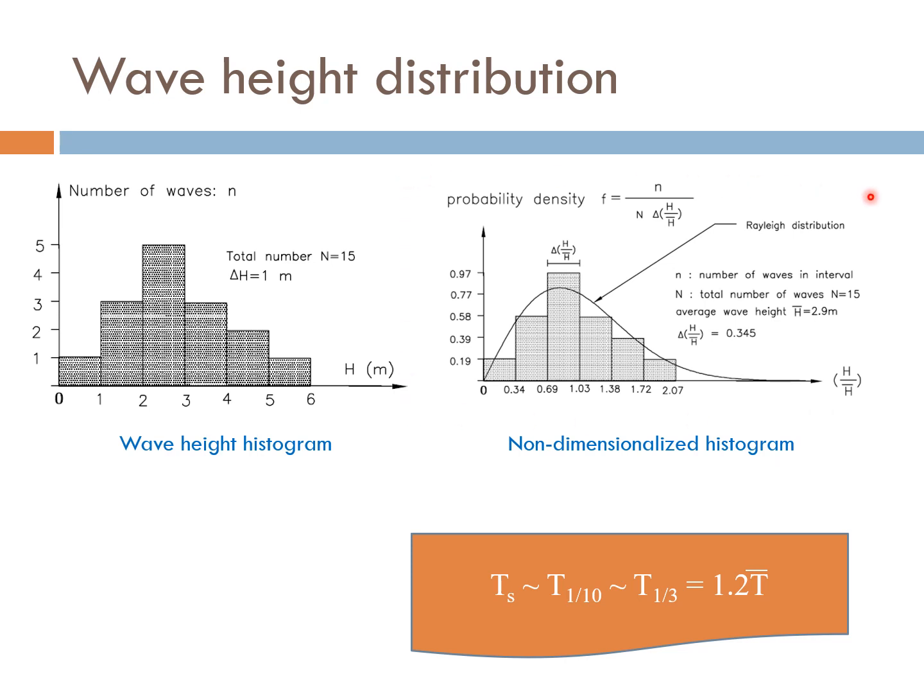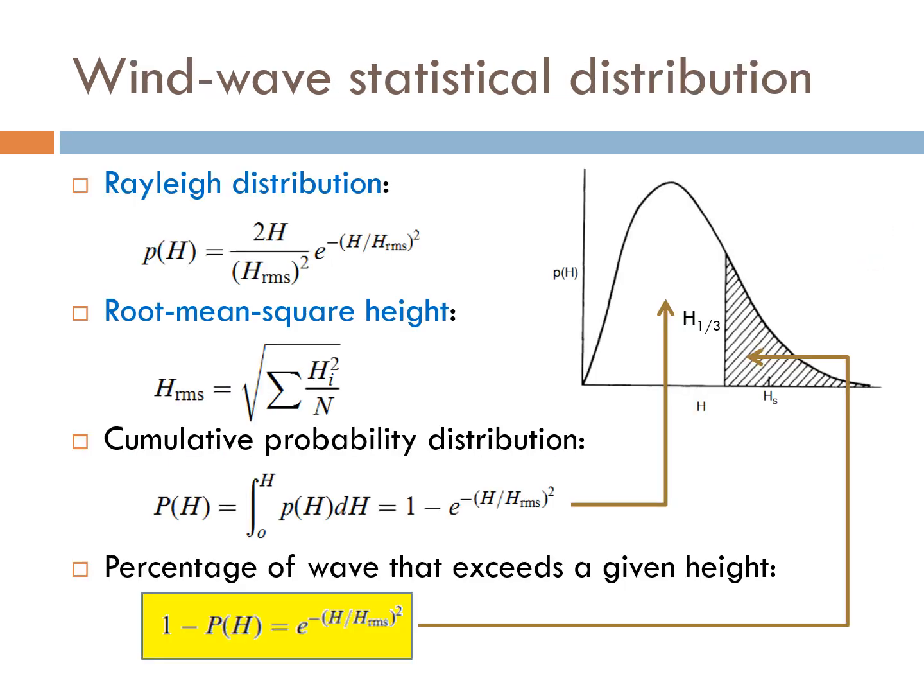We are going to look at the characteristic of this probability distribution of wave height, which is commonly fitted using a Rayleigh distribution. If we plot the wind wave statistic in terms of the probability distribution as a function of the wave height, as mentioned, we typically get a distribution with a shape like this.